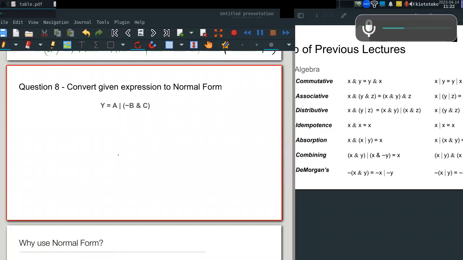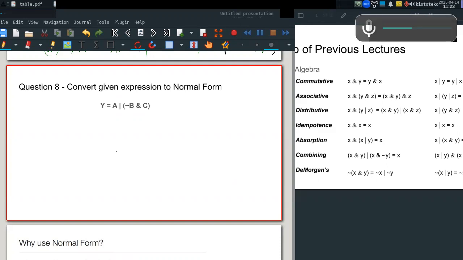So this means, well, it's already kind of a sum of products because it's separated by an or, which is taken as a sum, and there's a product here. But we have 3 literals. We want to have terms with 3 literals each separated by or. So we need to insert variables into each of these terms, the ones that are missing.